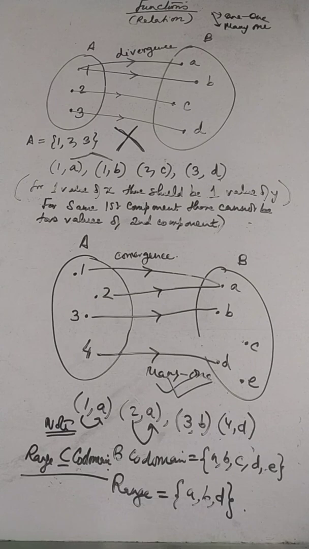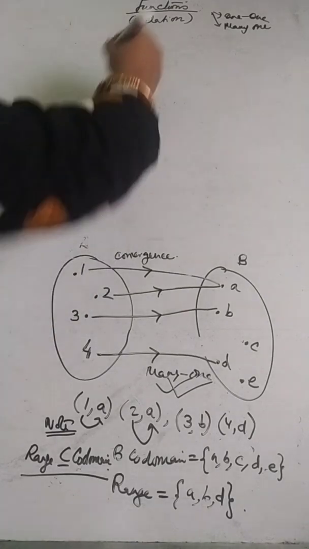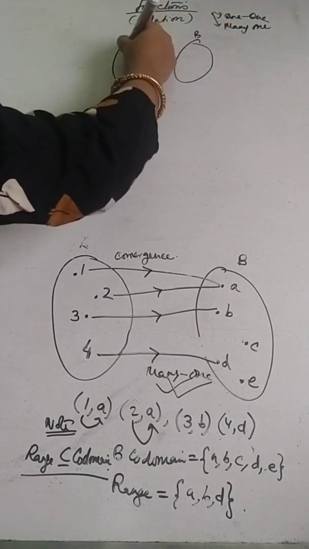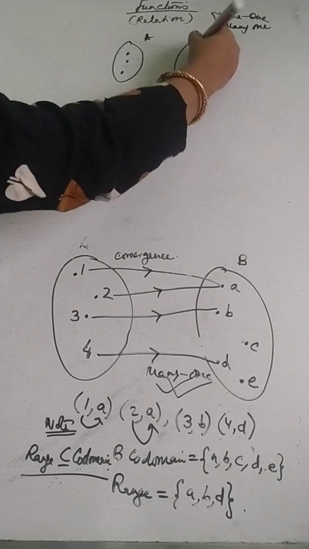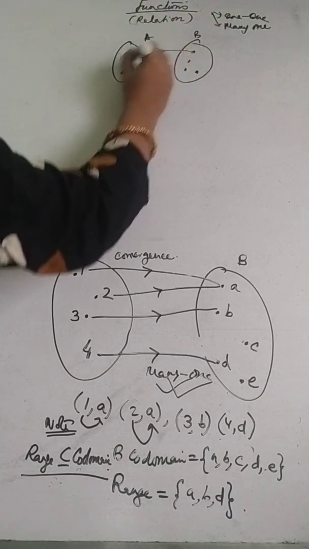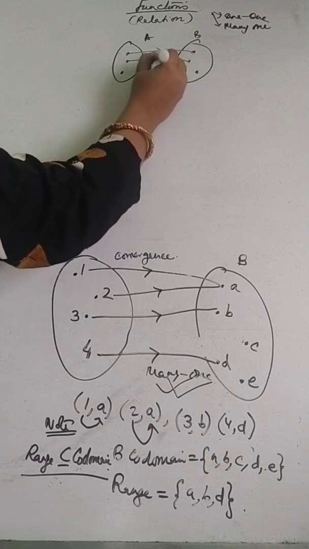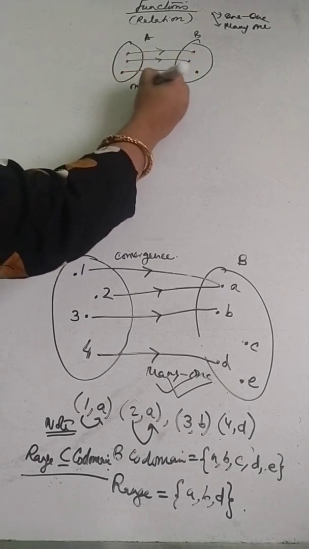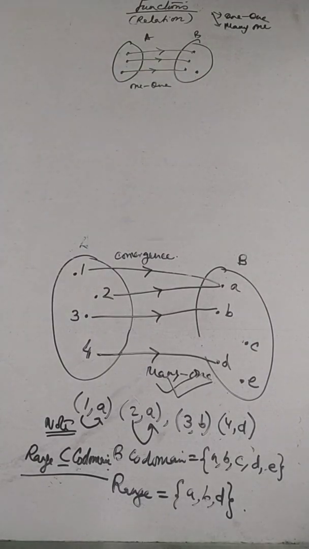Many one we have drawn already. I think I'll draw one for one-one also. As the name suggests, obviously, this is your set A, this is your set B. Here are suppose 3 of them, here are suppose 4 of them. So it's from one element of A to one element of B. So this is your one-one correspondence or one-one function or mapping.